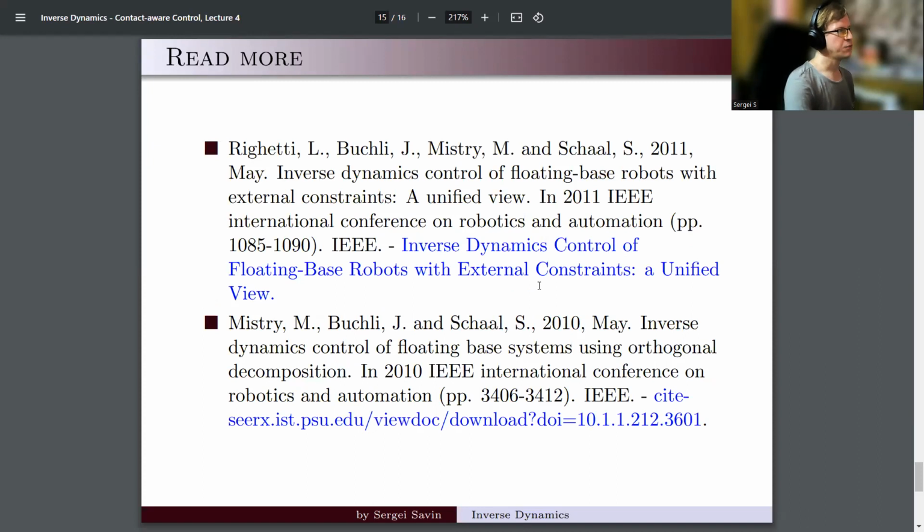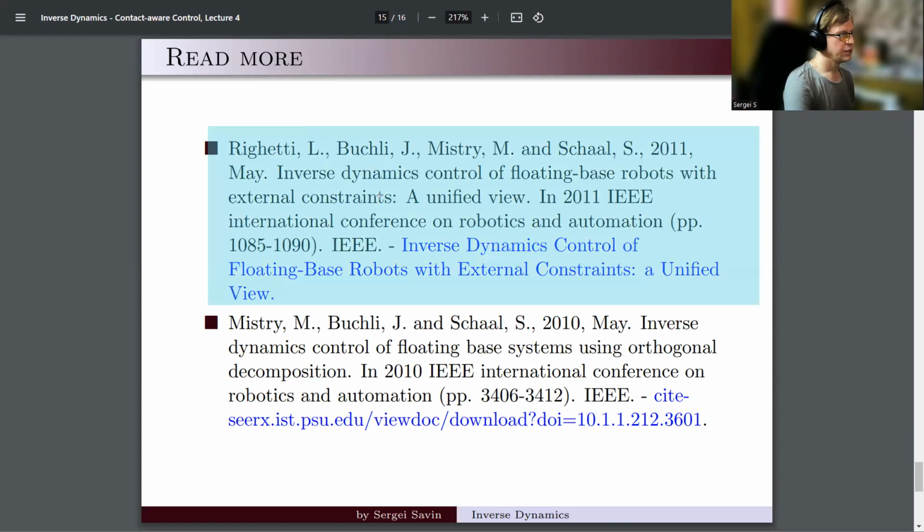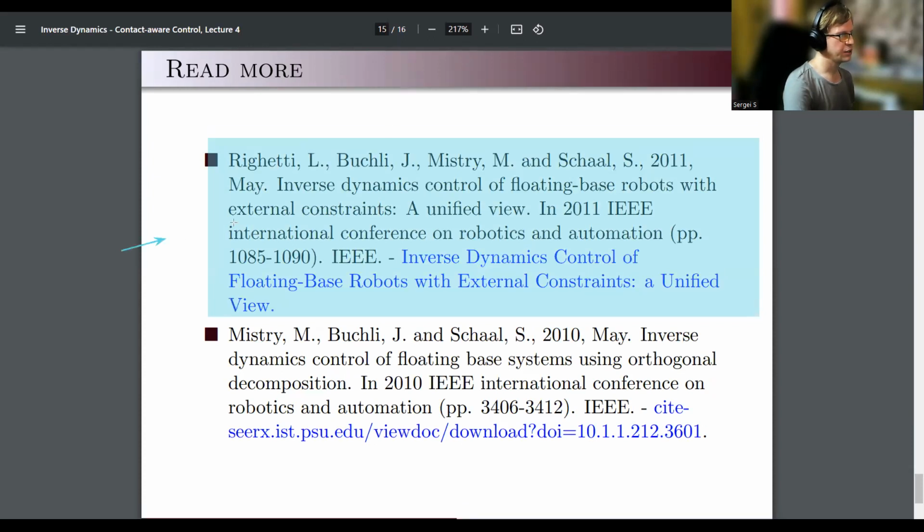Now, as before, I recommend you read those two papers. This one is the one that I used quite extensively in the previous lecture, but the other contains a lot of the same material. You can see the way it developed over time, and they explain some of the stuff more extensively in the second paper. Both are available on the internet. I highly recommend them.